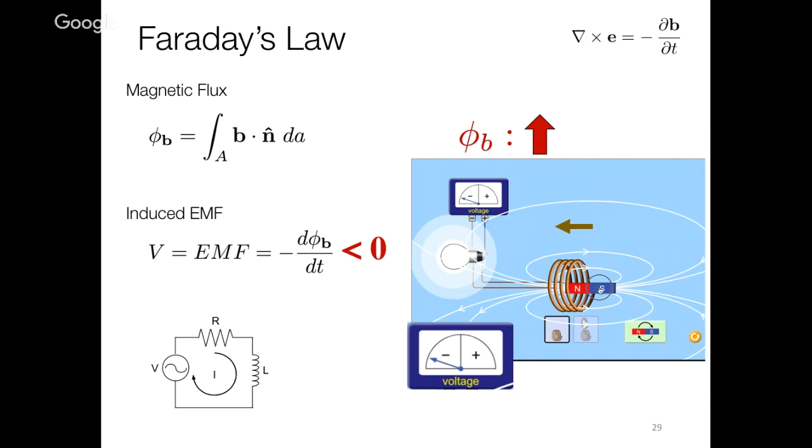I get something that looks like this. My magnet goes in, my flux is increasing, so dΦ_B/dt increases. But then I've got this minus sign here, so that says the voltage is less than 0. That means the current is flowing in one direction.